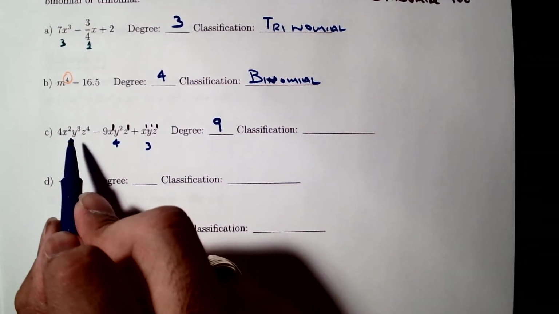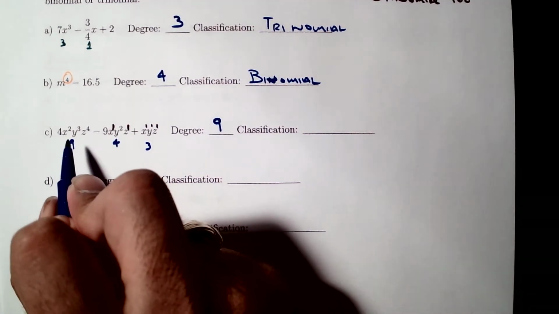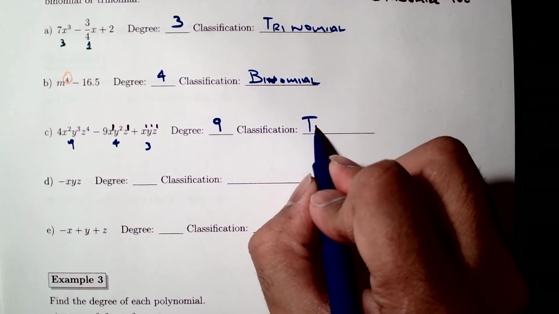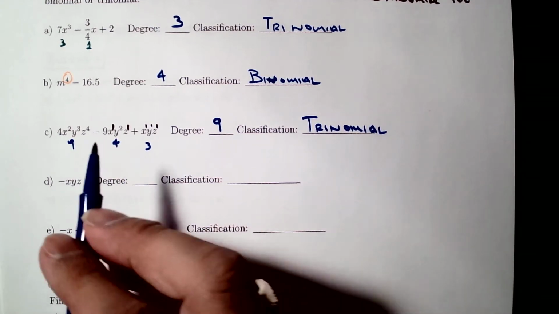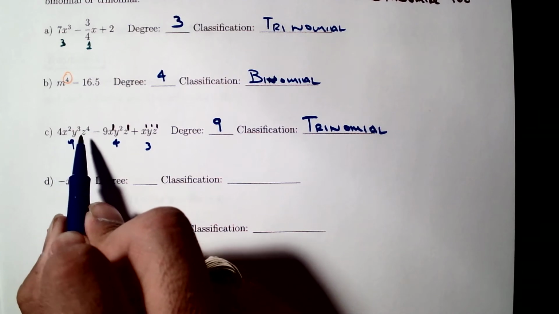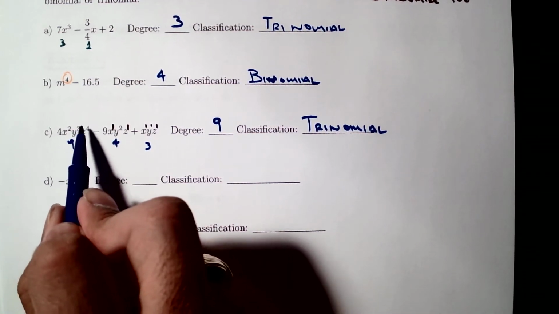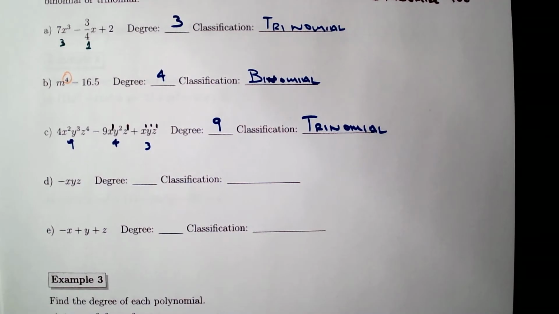And the classification, because we have 1, 2, 3 terms, this is going to be a trinomial. This is a trinomial not because we have 3 variables x, y and z, but rather because we have 1, 2, 3 terms. All right.